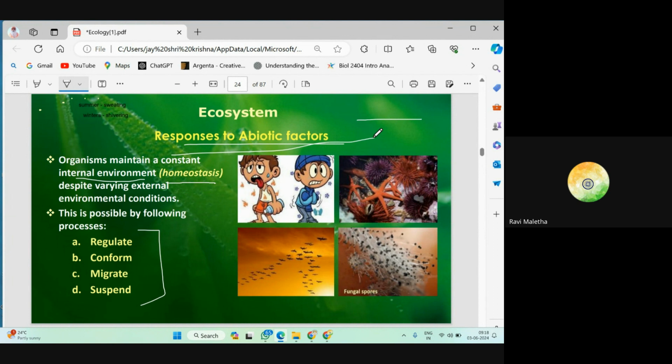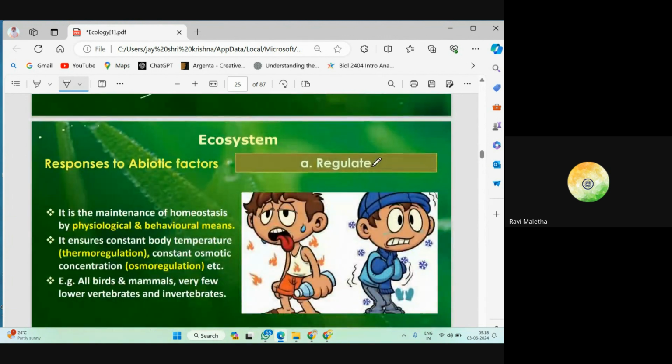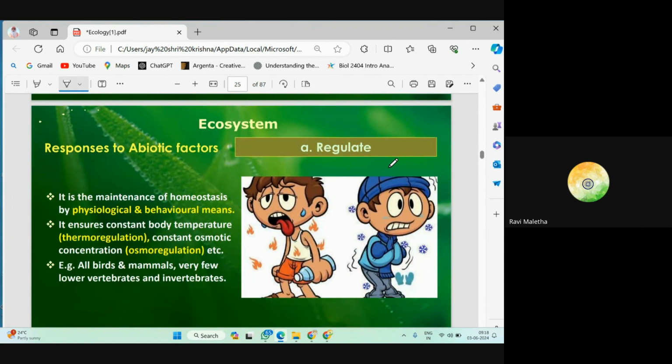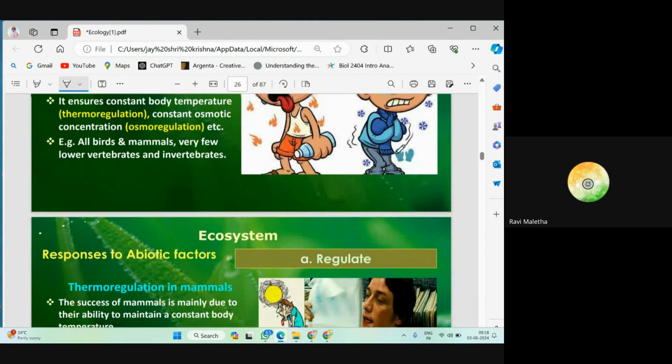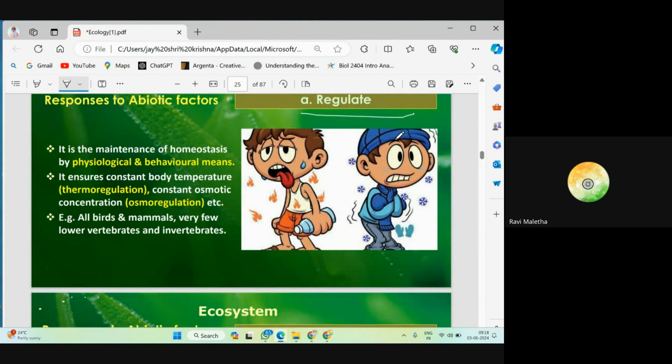So as there are different types of people, similarly there are different types of animals. First one is regulation. So these are samatvam people or samatvam animals. Doesn't matter what the external environment is, they will always maintain their internal environment constant by various physiological and behavioral means.